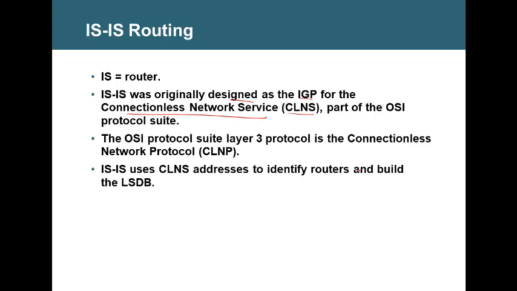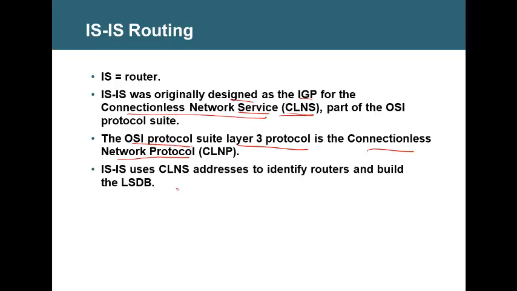CLNS is a very ancient layer 3 protocol. Now we have IP, so it is a modified version. The older version of the layer 3 protocol, which is called connectionless network protocol, CLNP or CLNS, is modified today for IP.